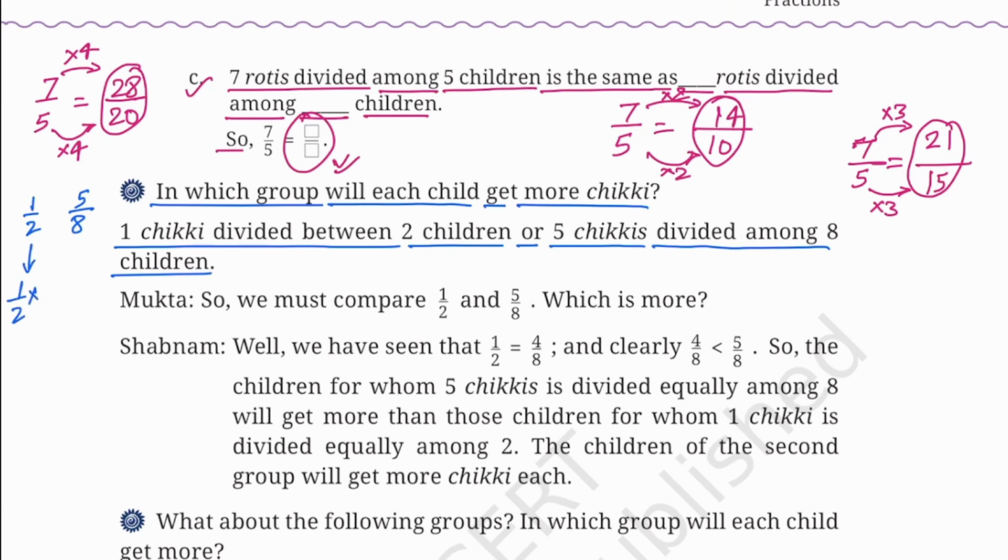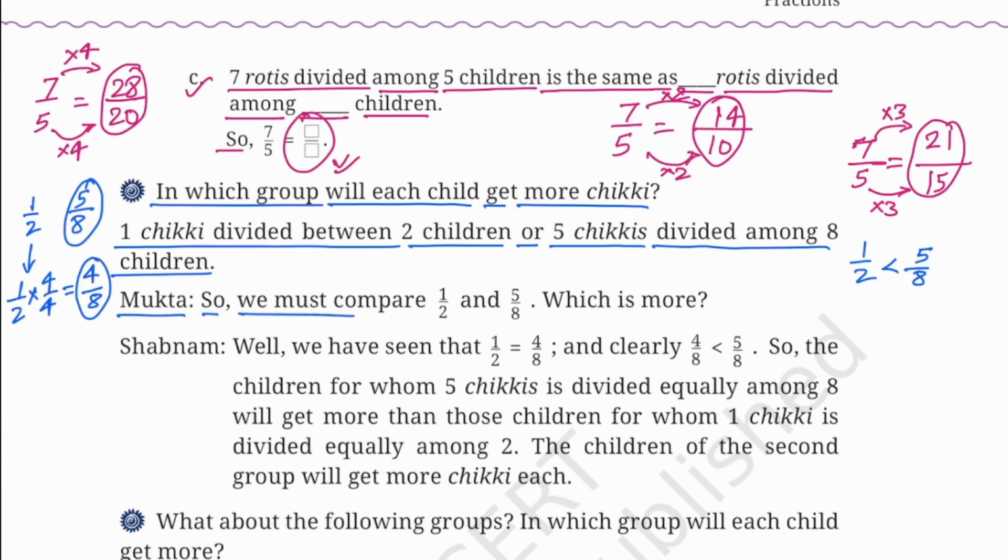So 1 upon 2 should be multiplied by 4 upon 4 so that denominator becomes 8. Numerator will become 4. Since 4 upon 8 is less than 5 upon 8, you can say in the second case, the share of chickie is more. That means 5 upon 8 is greater than 1 upon 2.